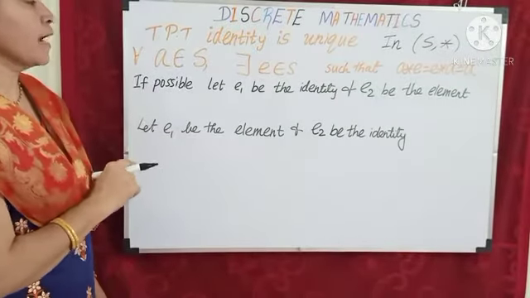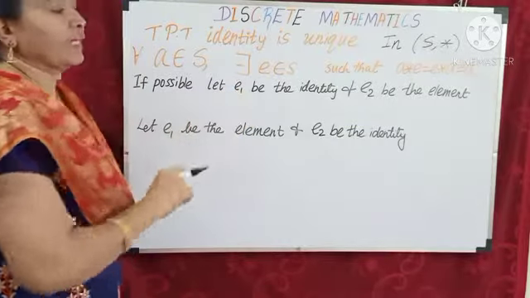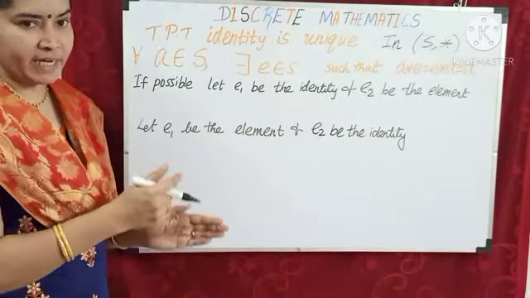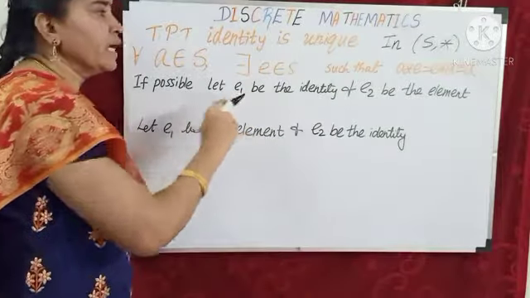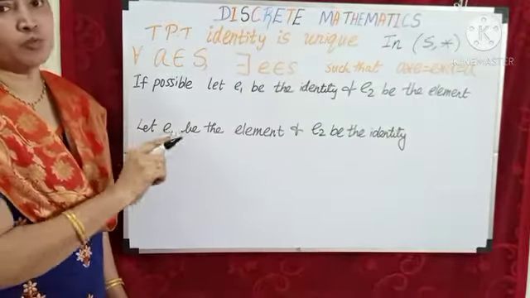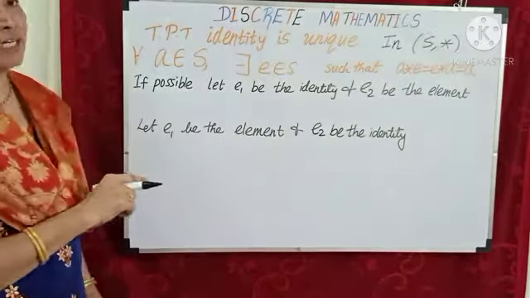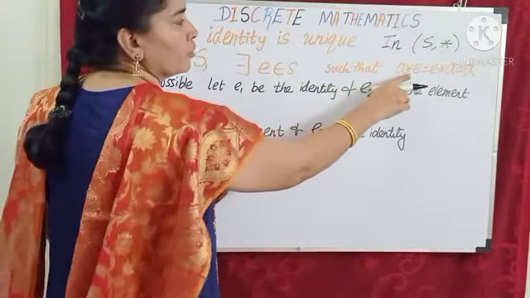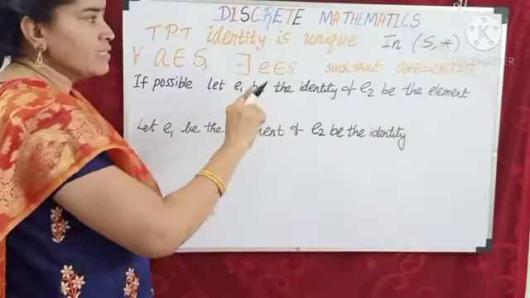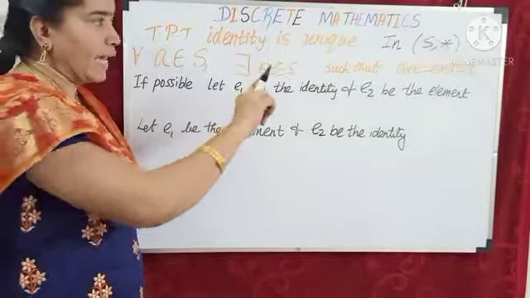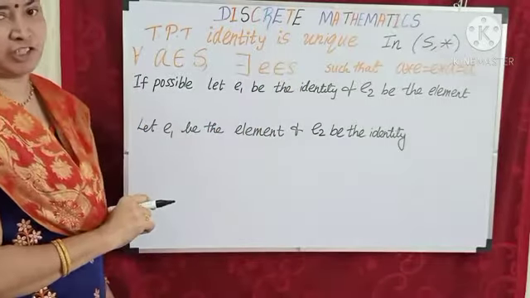Take, for example, E1 to be the identity and E2 to be the element. What is the identity law actually? If I perform the star, A star E or E star A should give me only A. The element should come on the RHS.